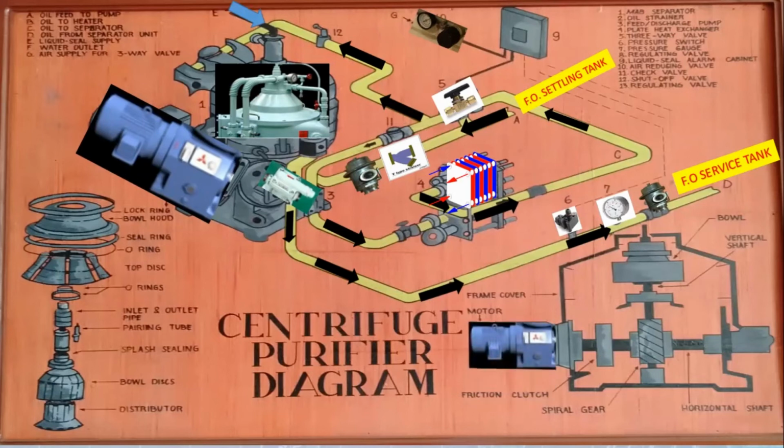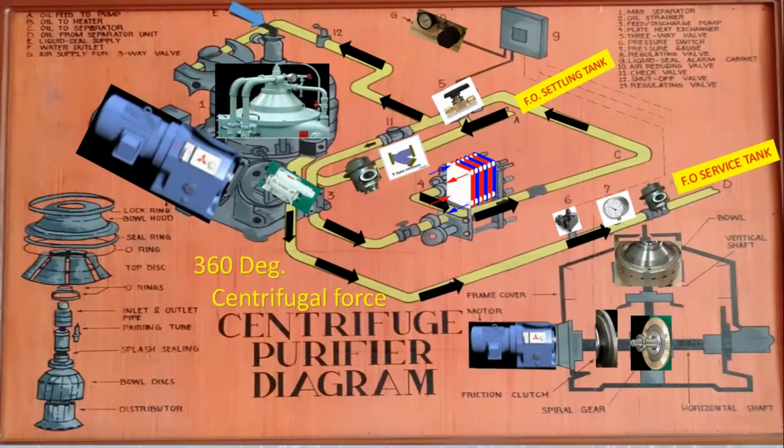Then the spiral gears rotate and the bowl revolves in 360 degrees with centrifugal force at maximum speed, while checking the rated speed in its ampere, around 7.5 ampere.